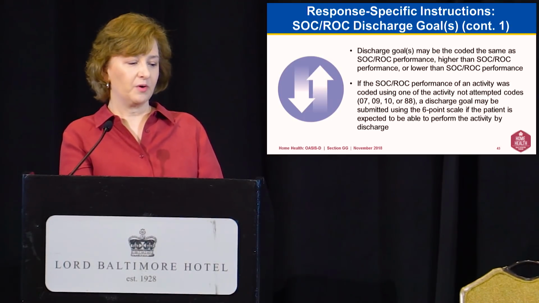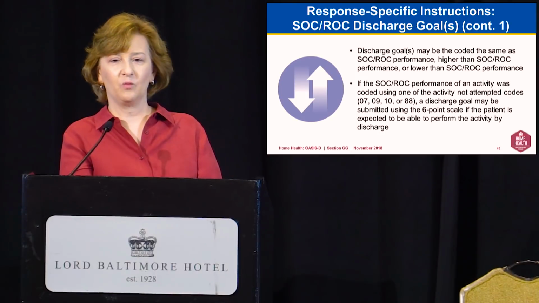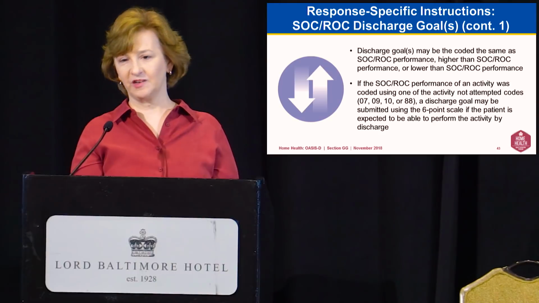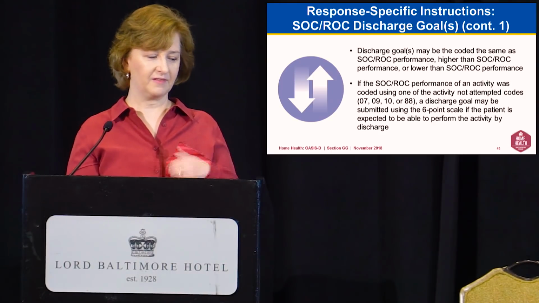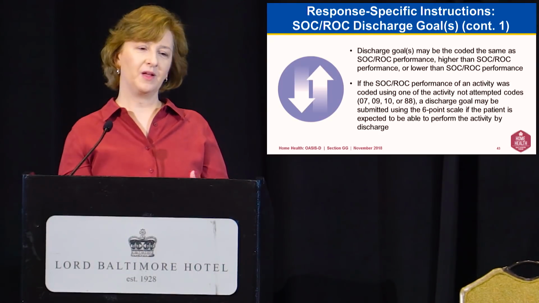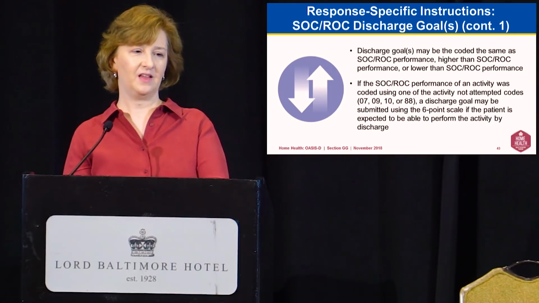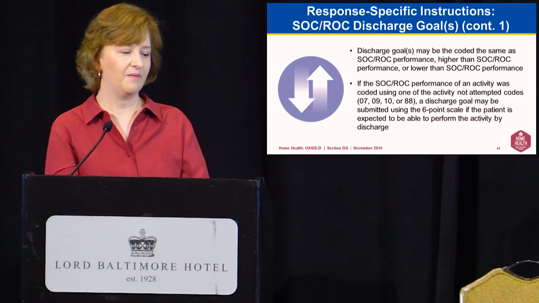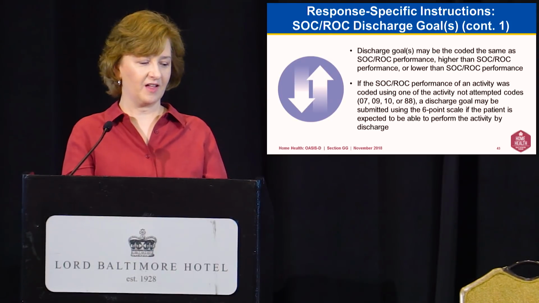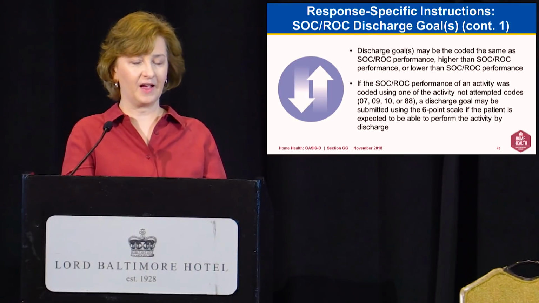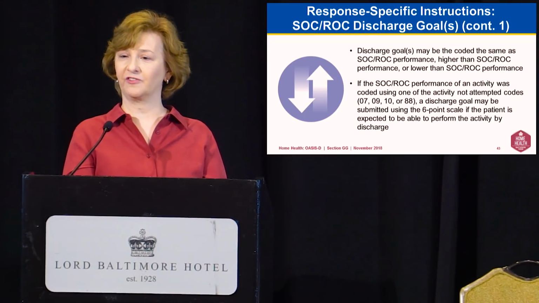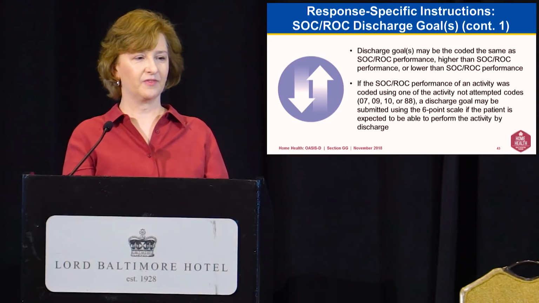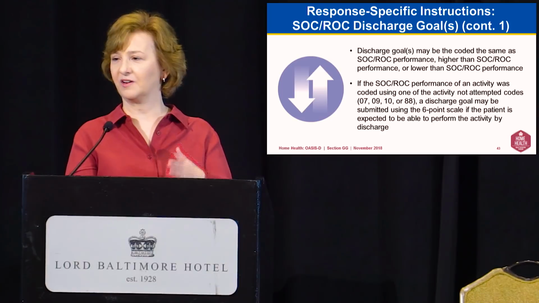If the SOC-ROC performance of an activity was coded using one of the activity not attempted codes, so for example, maybe at the time of admission somebody had some kind of severe swelling problem, and so they were not able to eat, but the expectation is that the person will be able to eat perhaps by discharge. They've got some great treatment that is working for them. And so it's possible that you may have a goal for them to be independent or perhaps just need moderate assistance. So any goal can be coded for any item.